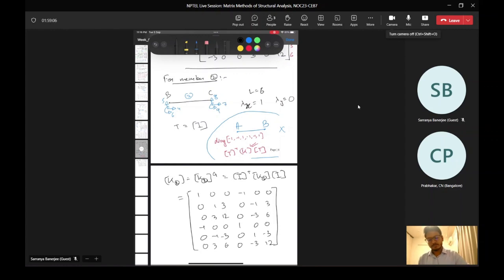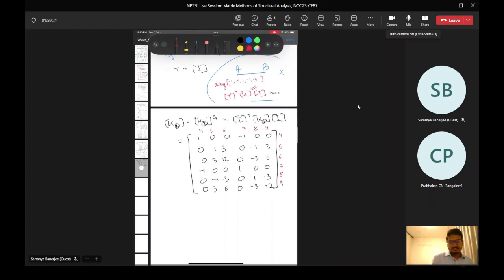Okay, these are the different values for the stiffness matrices for the members 1 and 2.